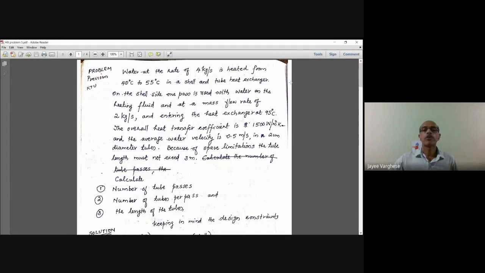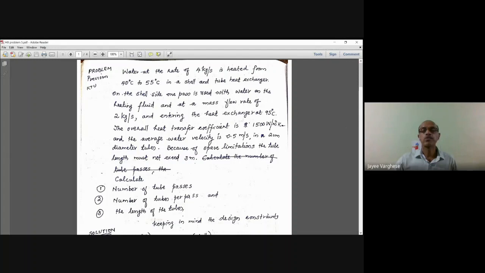Water at a rate of 4 kg per second is heated from 40 degrees Celsius to 55 degrees Celsius in a shell and tube heat exchanger. On the shell side, one pass is used with water as a heating fluid and at a mass flow rate of 2 kg per second and entering the heat exchanger at 95 degrees Celsius.